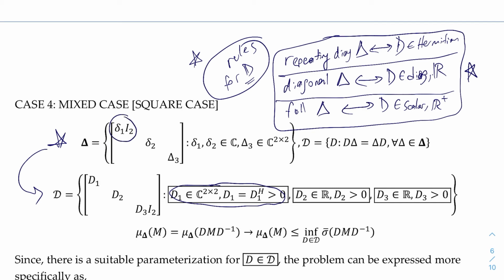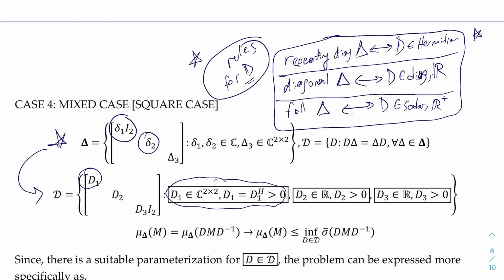What is that type of uncertainty? It's called repeating diagonal, the first case. What is the D corresponding to that? Hermitian. D1 is a Hermitian D.